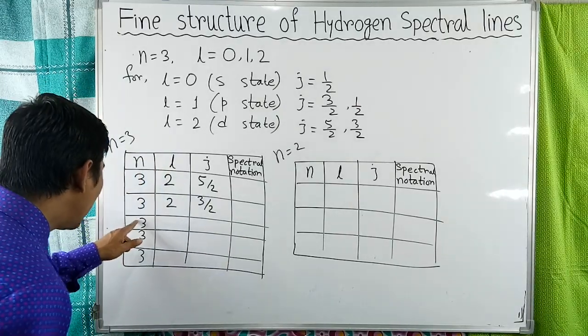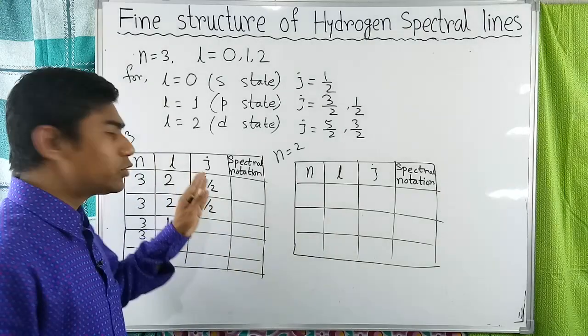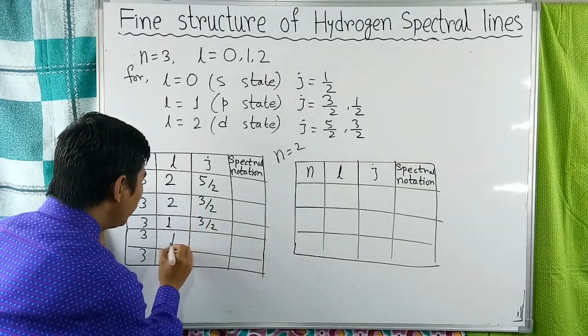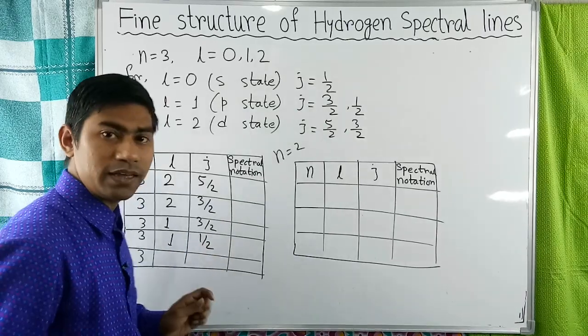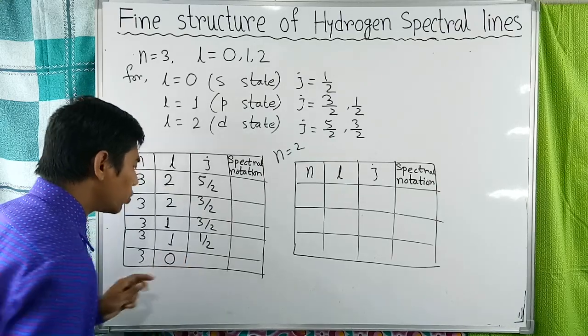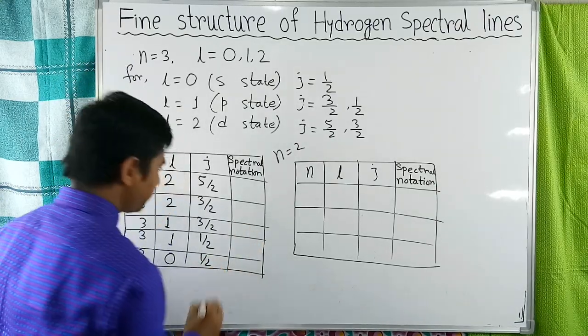For n equals 3 and L equals 1, J has two values, one is 3 by 2 and the other is half. And for n equals 3 and L equals 0, J has only one value, that is half.